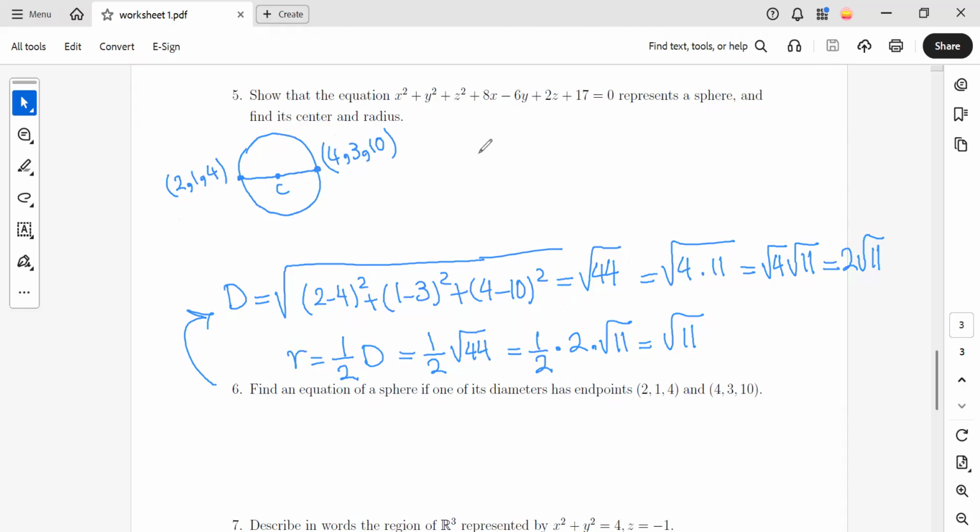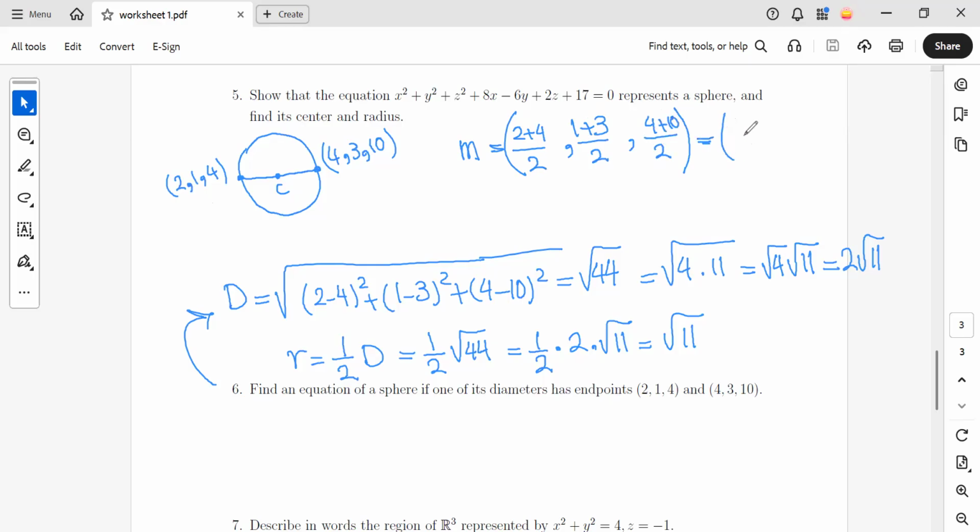In order to find the midpoint, we are going to add these points up and divide by 2. So 2 plus 4 divided by 2, 1 plus 3 divided by 2, and 4 plus 10 divided by 2.